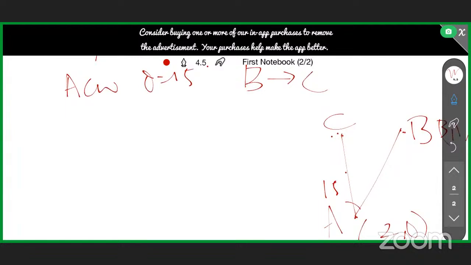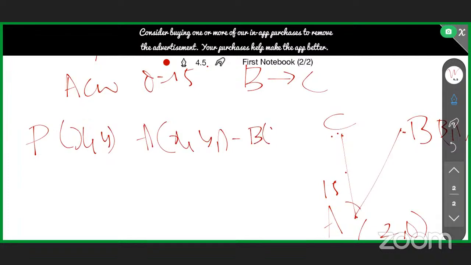Let me find an arbitrary point P, some (x, y), by subtracting A (x1, y1) minus B (x2, y2), or the other way also, no problem.